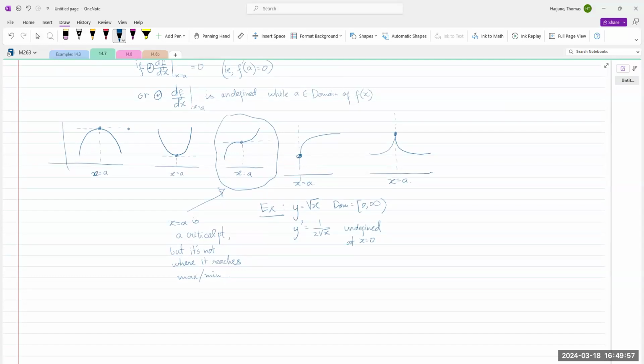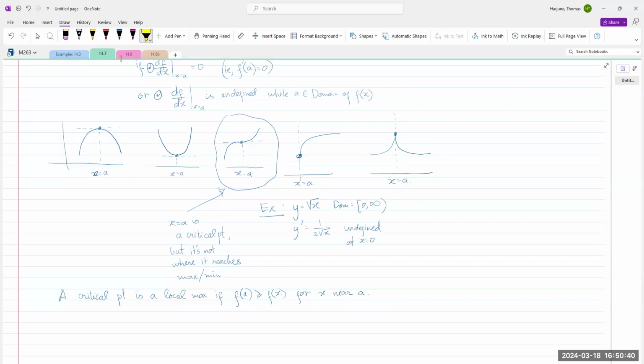Then what is a local max, local min? A critical point is a local max or local min if, let's talk about the maximum first, it is a local max if f(a) is greater than or equal to f(x) for x near a.